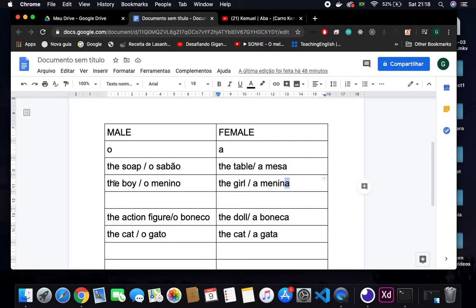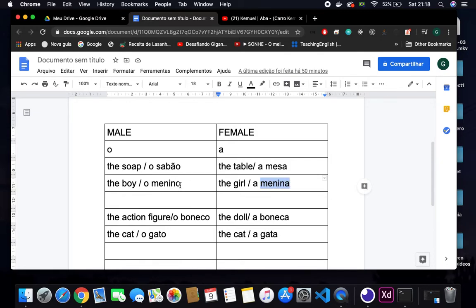For example, you say the boy and the girl, right? To differentiate between genders. But here, if I say "o menino", all I need to do is flex the article to the female form and the word as well. Okay, so o menino, a menina.